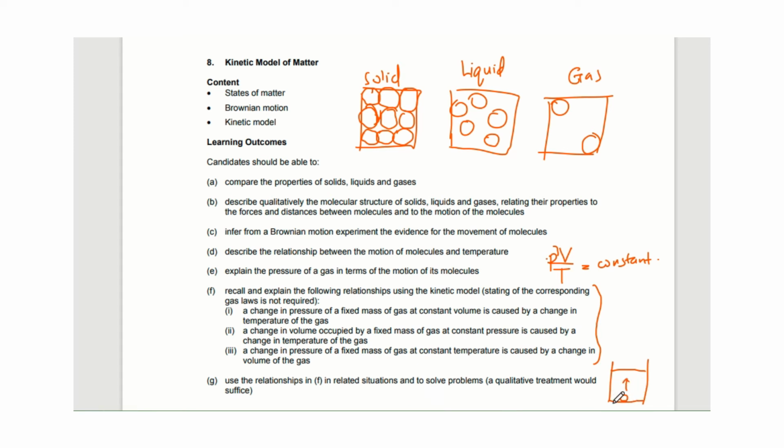So the pressure here is higher, and when it moves upwards, the pressure of the gas inside the bubble decreases. For a constant temperature, when P decreases, V must increase. So as the bubble moves upwards, its volume will increase. This is what it means by making use of the relationship PV over T equals a constant for a fixed mass of gas, to find out the P, V and T relationship for a given scenario.